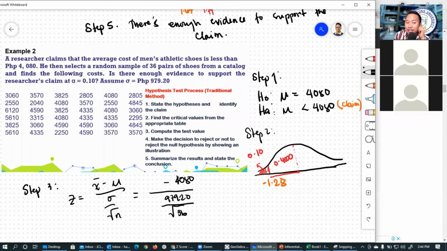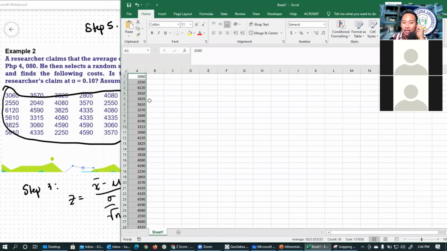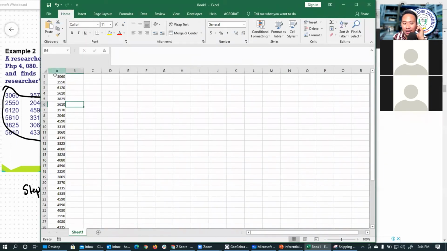Now, this is the actual sample picked by the researcher. So in other words, you still have to solve for the sample mean. And I'm just going to show you what I already solved using Excel. So these are the values that you can see on the whiteboard, and these are the following scores. So I'm going to solve for the average, guys.